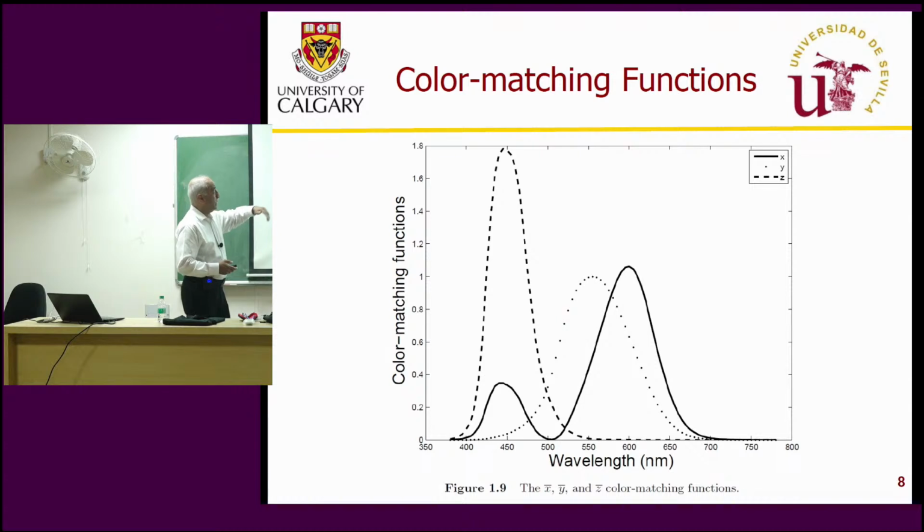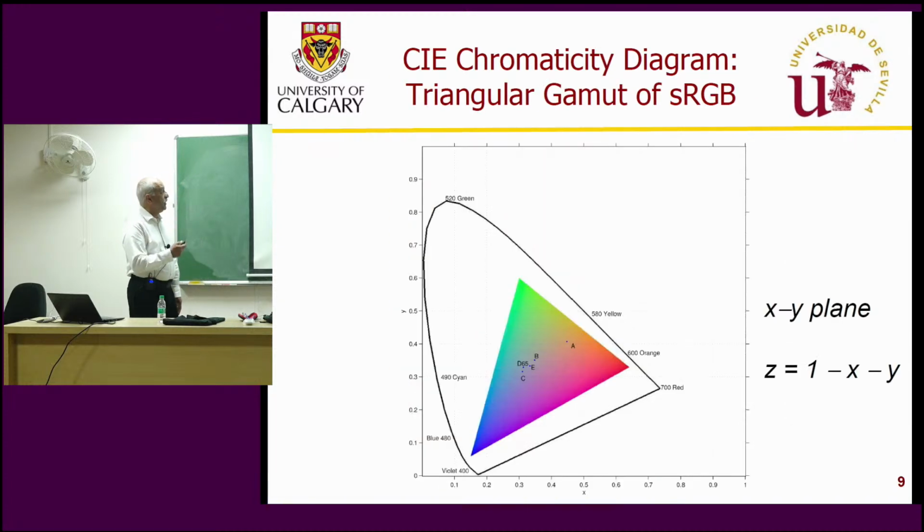Projection is the dot product or point by point product and addition of your spectrum with one of these. You get the corresponding component. Then you represent the arbitrary color in terms of these XYZ coordinates, and if you normalize by dividing by x plus y plus z, then z is 1 minus x minus y. You only need 2. You don't need 3 after normalization.